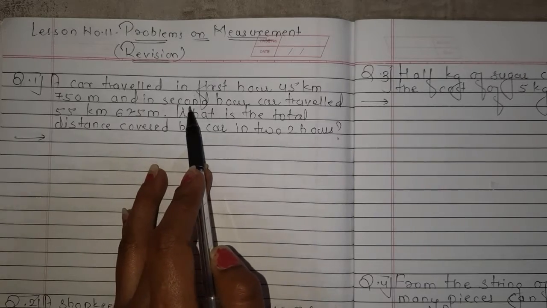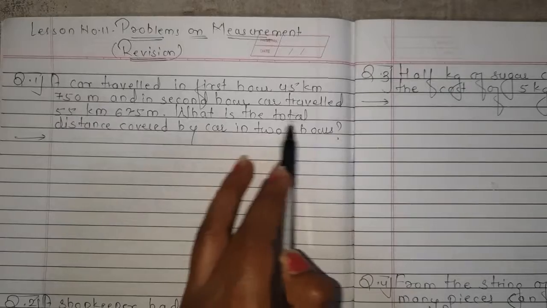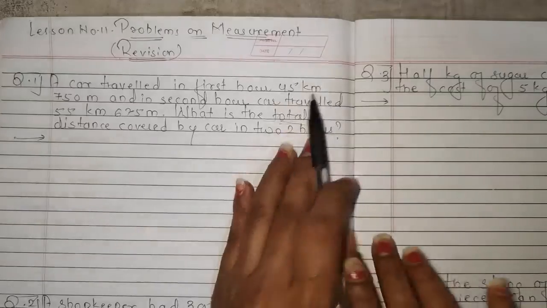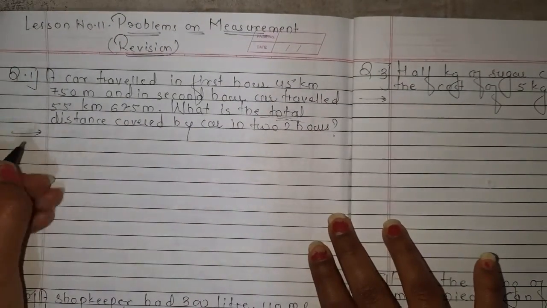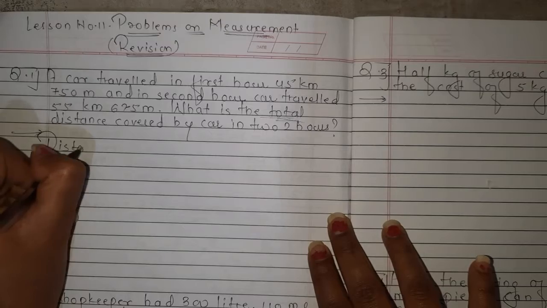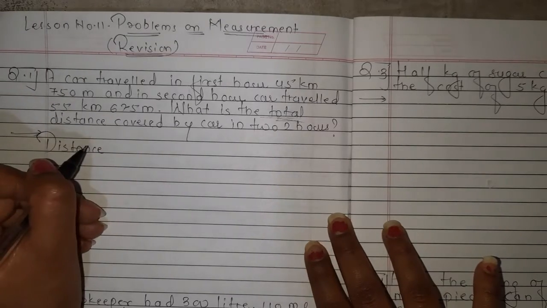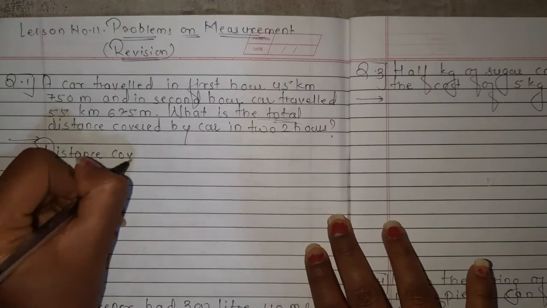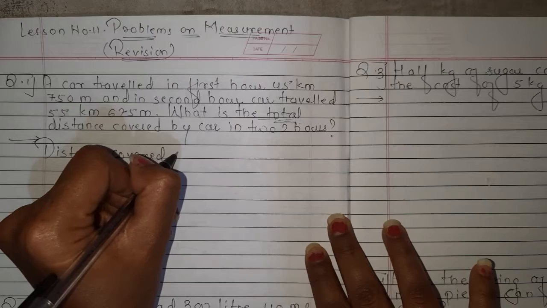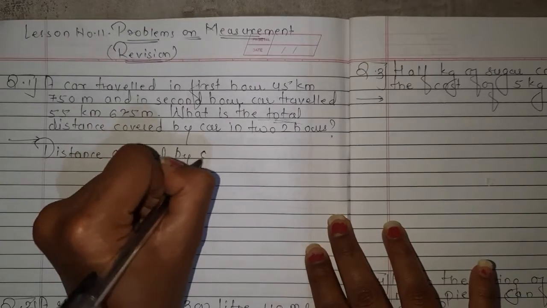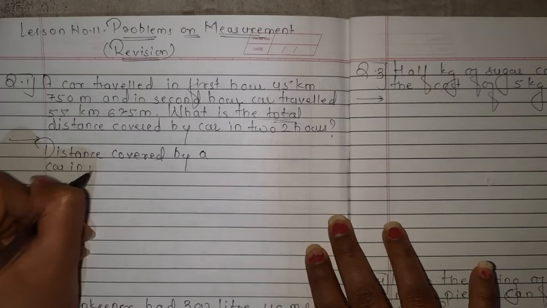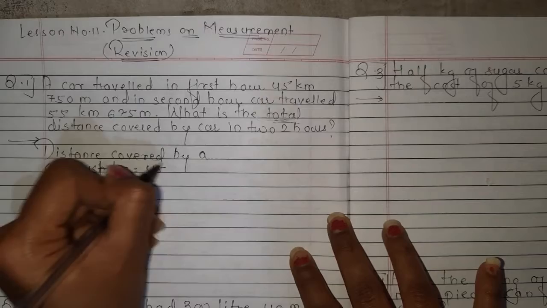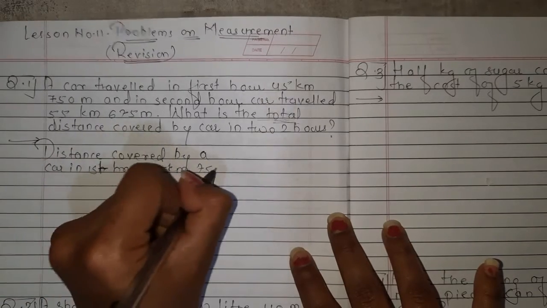Here they have used the word total, so it means we have to do addition. First let us write down the statement. Distance covered by a car in first hour is 45 kilometers 750 meters.